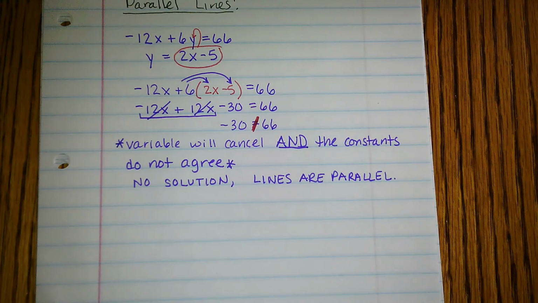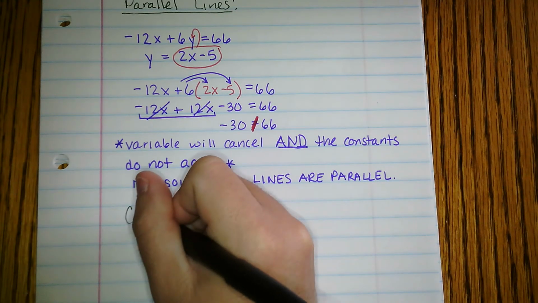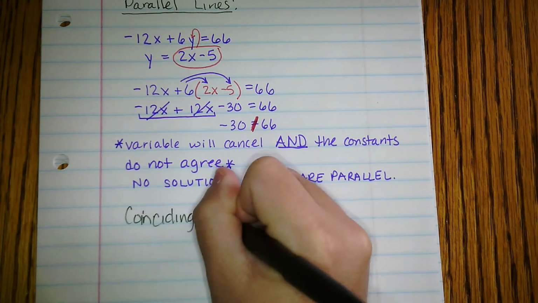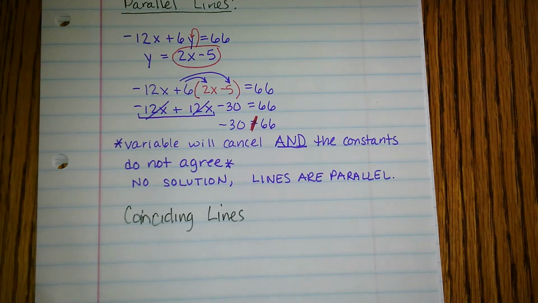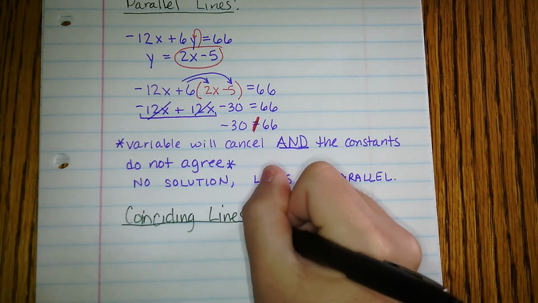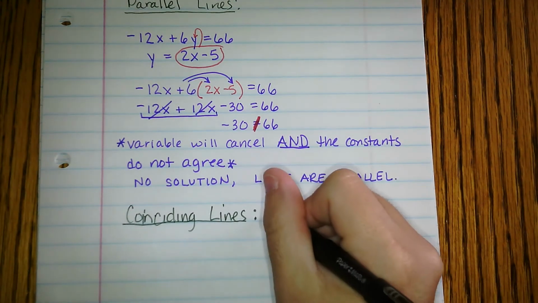The second type of lines that we have are called coinciding lines. Coinciding lines are lines that lie on top of each other. They're literally identical lines.